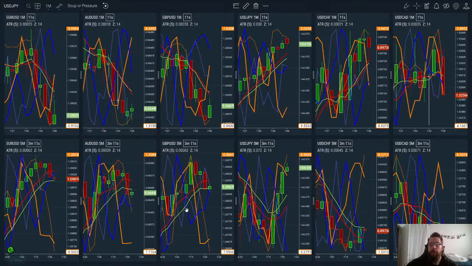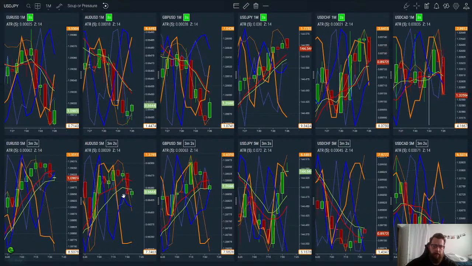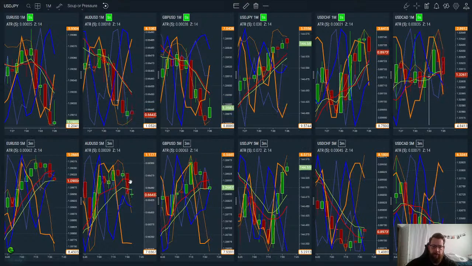It's been looking swoopy. There's a good chance we get a reversal here. This is a big bar. It's a big bearish engulfing bar.